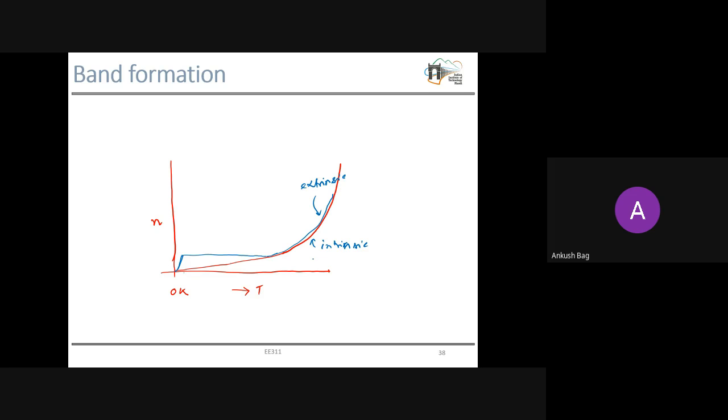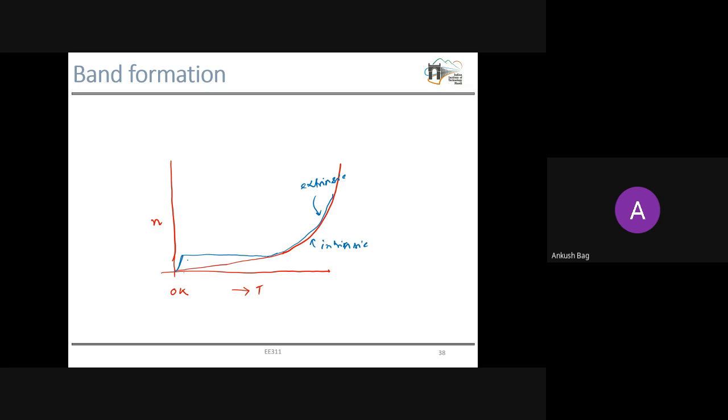Now the next point is, which domain will we use to fabricate our device, like at which temperature will we operate our device to get a particular function? So at which temperature range?